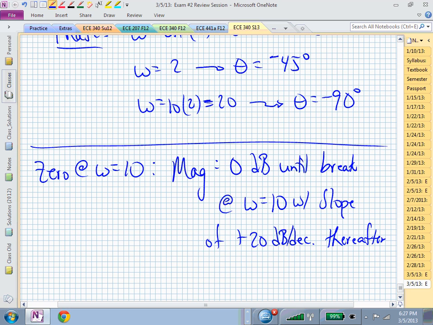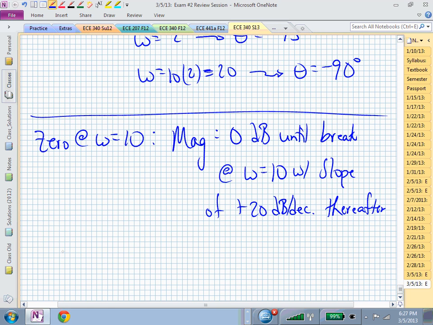Now it's going up 20 dB per decade thereafter. But that's an adjustment to whatever we were sloping before. And we were going down at 60 dB. Now we kink up a little bit. Now we're only sloping at 40 dB beyond omega equal 10.